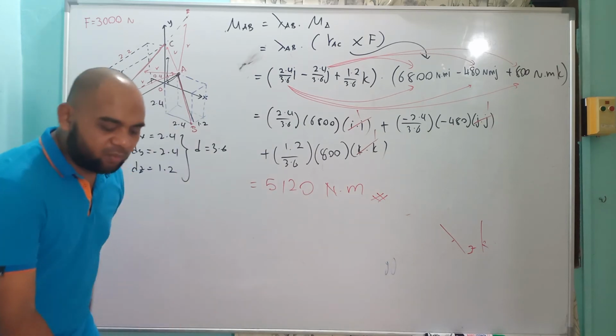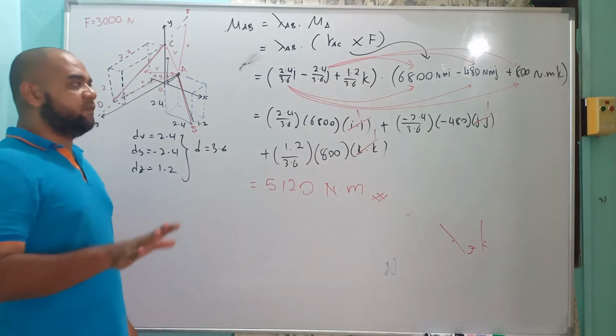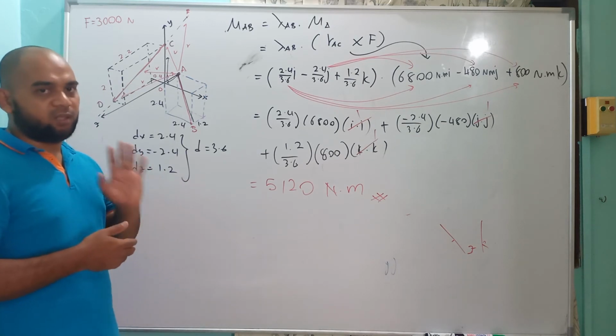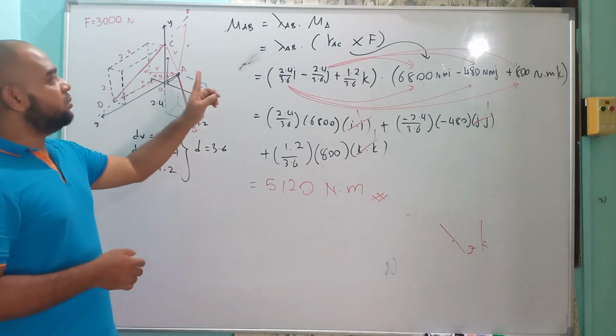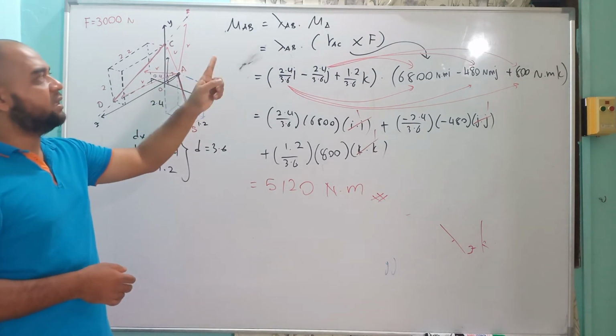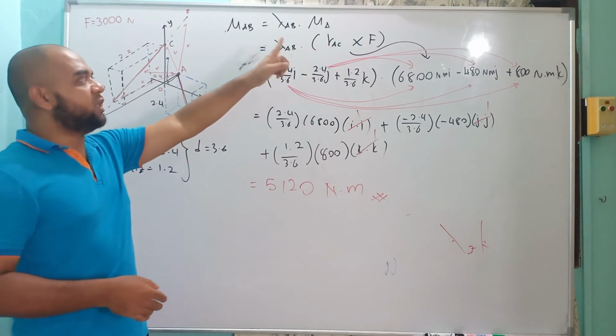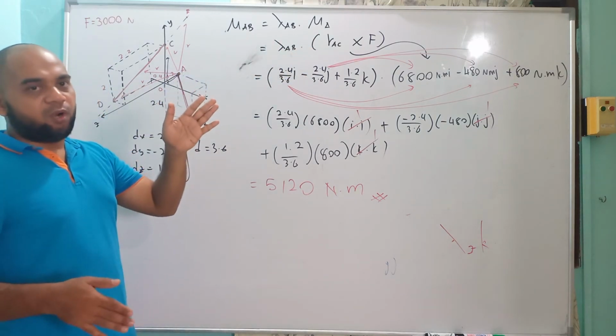Again, for moment about an axis, you first have to know how to calculate the moment about a point, because it is involved in the calculation. Moment about an axis uses the unit vector lambda of the axis itself, lambda AB, and you can choose between the two points of the axis.